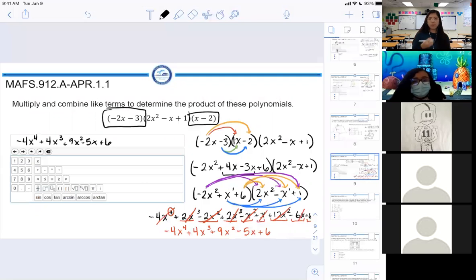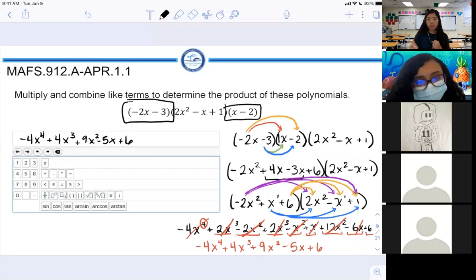So when you have to multiply several different polynomials, you gotta really keep things organized. Look at all those strategies I used. I used colors. I crossed things off as I went just to make sure that I'm keeping things super organized. Do I have any questions? That would be my final answer because there's no more like terms that I can combine.